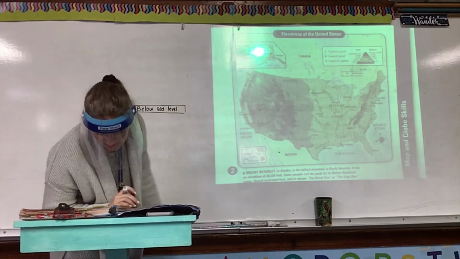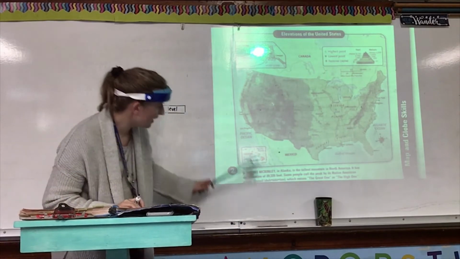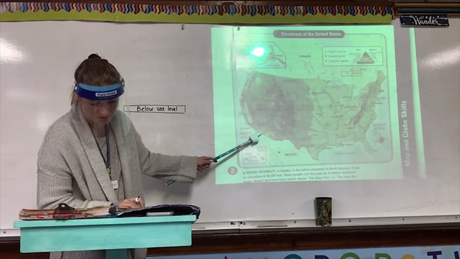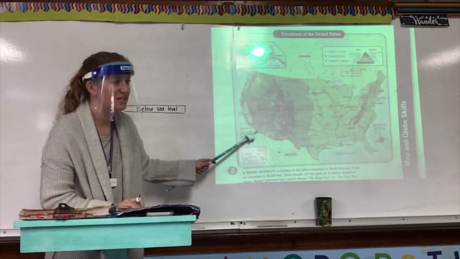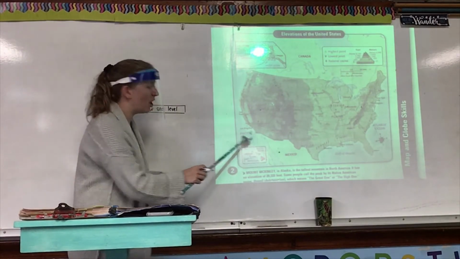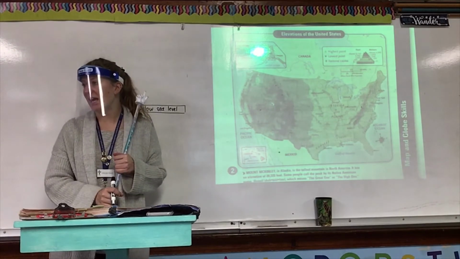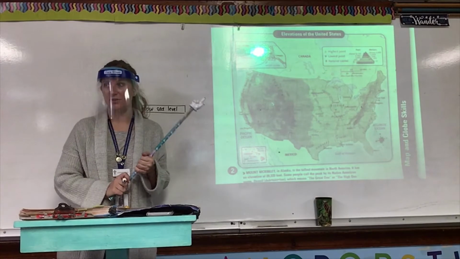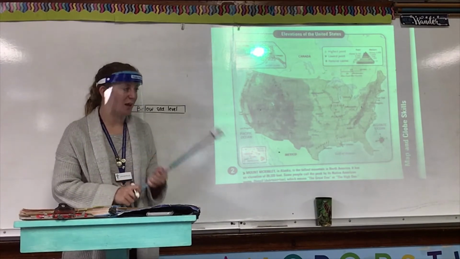So if we look at Death Valley and a little bit right down here, at the southern border of California and Mexico, we see that there's some pink. That means all the land on this map that is pink is below sea level. It's lower than sea level. So if it rains a lot there, it's probably going to flood.